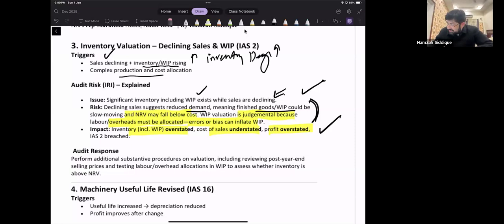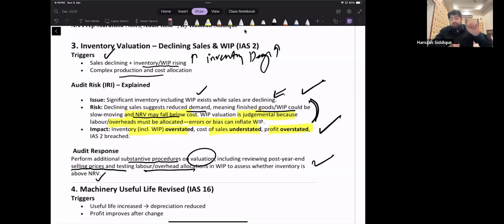So now the audit response must address it. Perform additional substantive tests on valuation, this is what we are saying. NRV may fall below cost, including post-year-end selling prices and overhead allocation to assess whether inventory is above NRV or not.